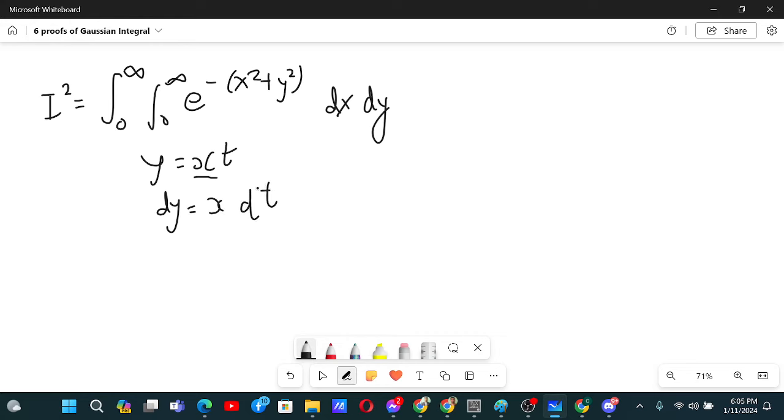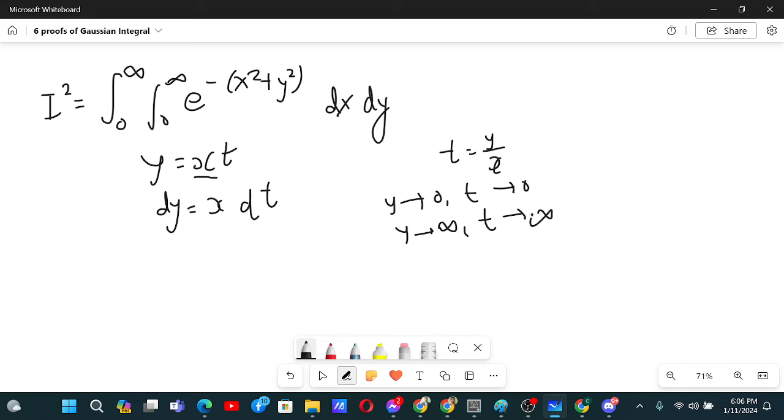Now when y goes from 0 to infinity, you want to find out what t goes from. t will just be y by x. So when y goes to 0, t will go to 0. When y goes to infinity, t will go to infinity.